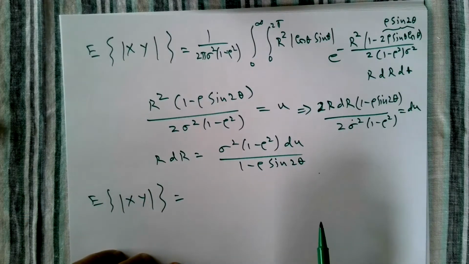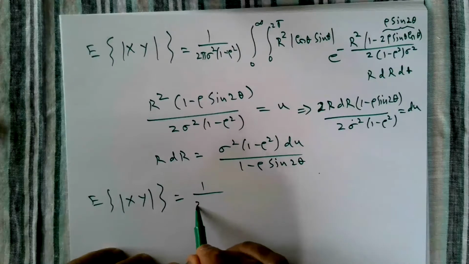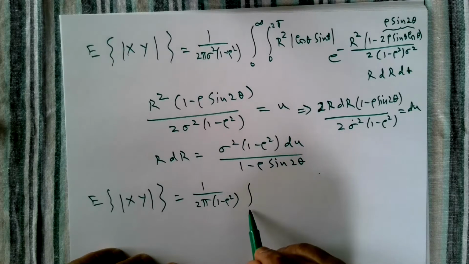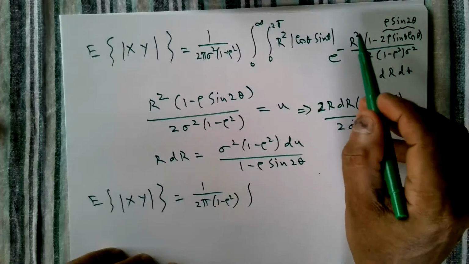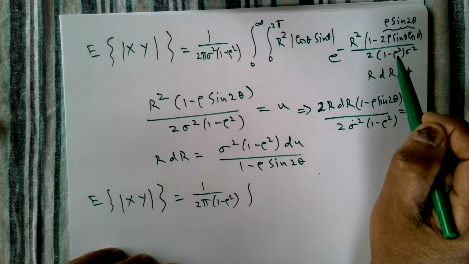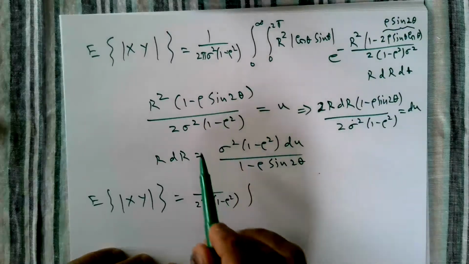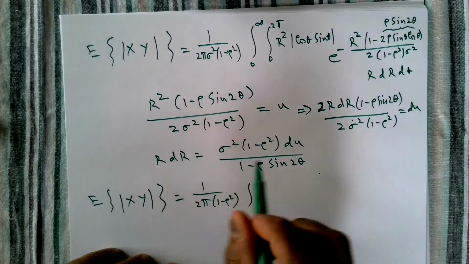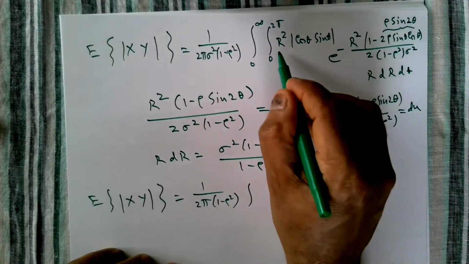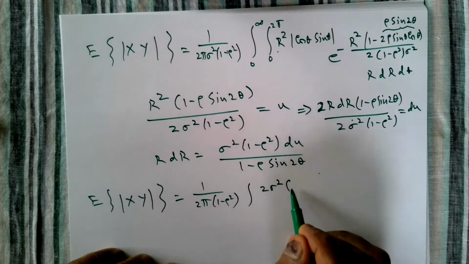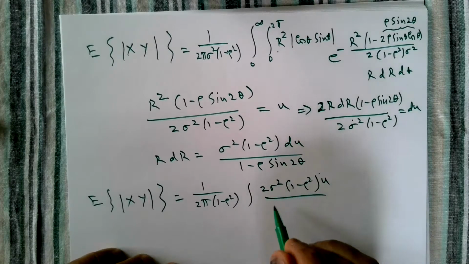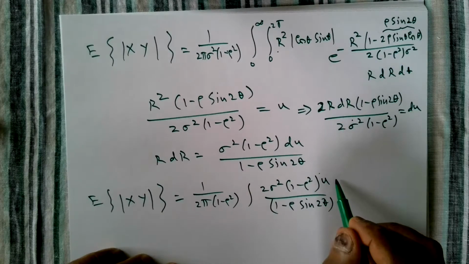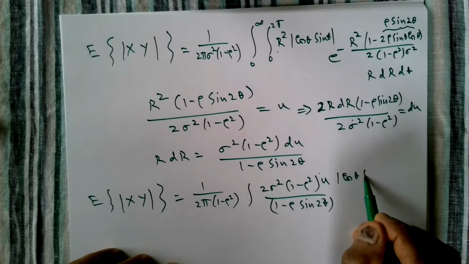I'm going to substitute it here, which gives the expected value of the absolute value of xy to be 1 over 2 pi multiplied by the square root of 1 minus rho squared, integral. Instead of r squared, I'm going to also substitute from here: r squared is 2 sigma squared 1 minus rho squared u divided by 1 minus rho sine 2 theta, multiplied by cos theta sine theta.